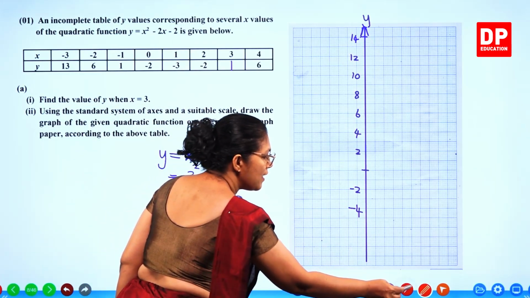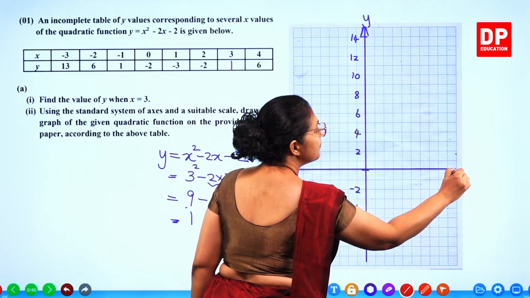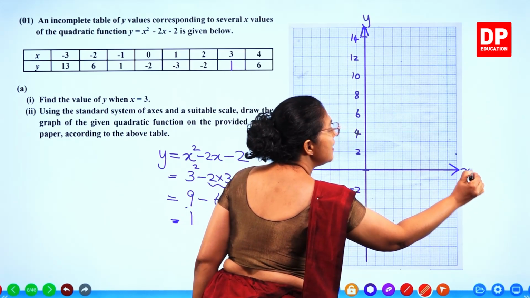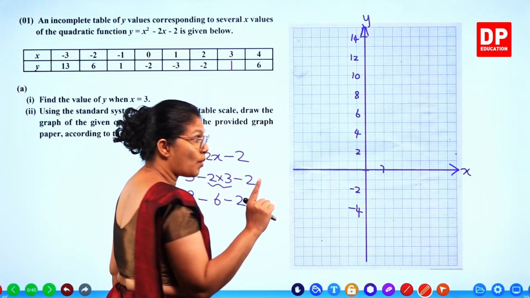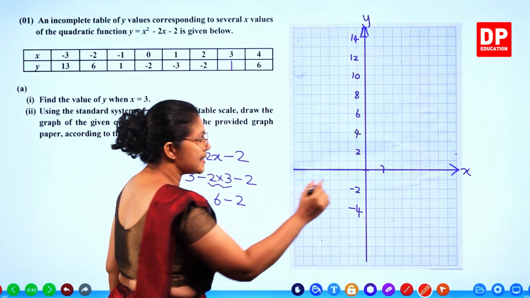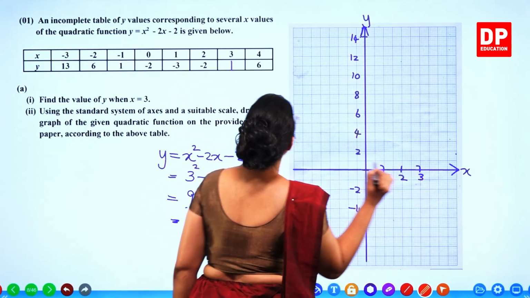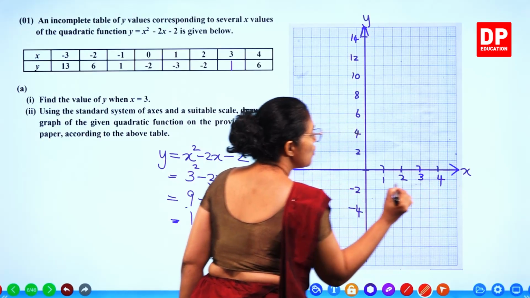Now let's draw the horizontal line, the x-axis. So you get x here and y. Now we will take 10 squares, 1 unit along the x-axis. 1, 2, 3, 4. What about the other side?